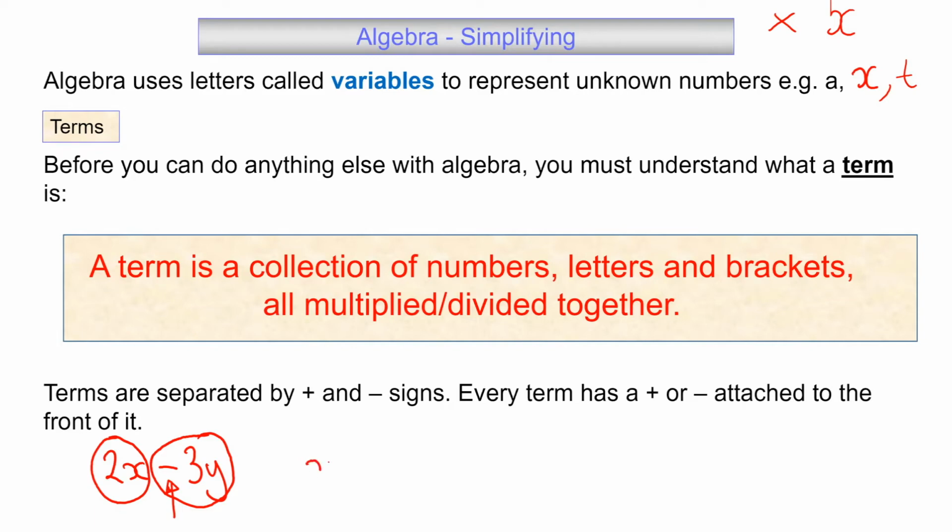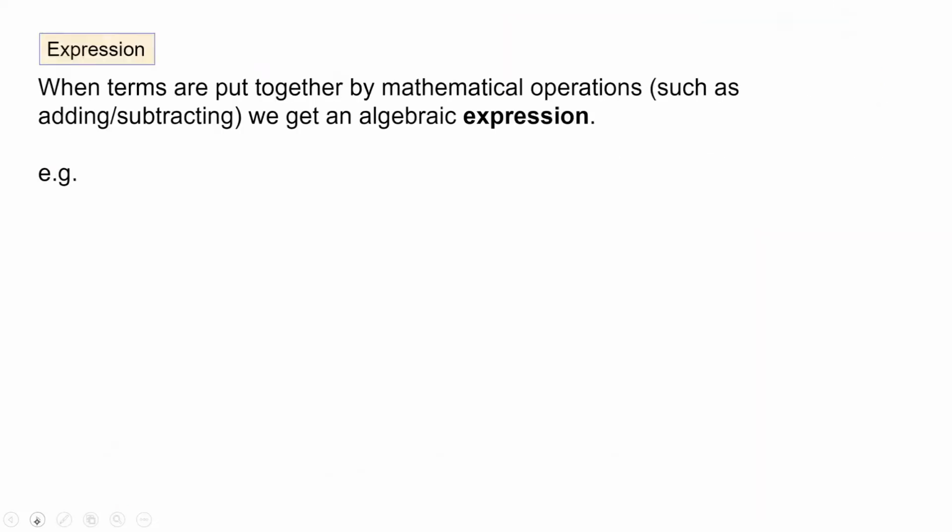You can also have a term such as x squared, and then you might have plus 5x plus 4 minus 6y squared. When terms are put together by mathematical operations, such as adding and subtracting like I just did, we get what is called an algebraic expression.